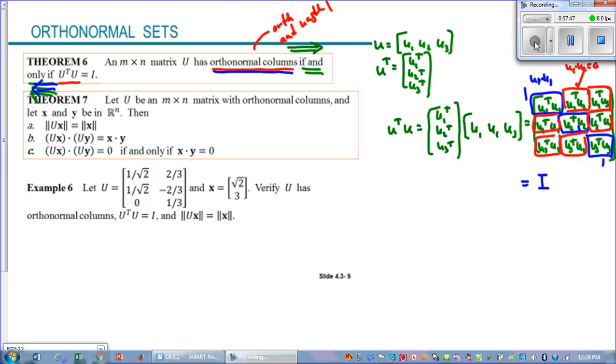If we know that this is equal to the identity, and we know that this is in this form, then we can see that U1.U1 is 1, U2.U2 would be 1, and U3.U3 would be 1. So the fact that those diagonal entries are all 1, since it's equal to the identity matrix, would tell us that these are all unit vectors.